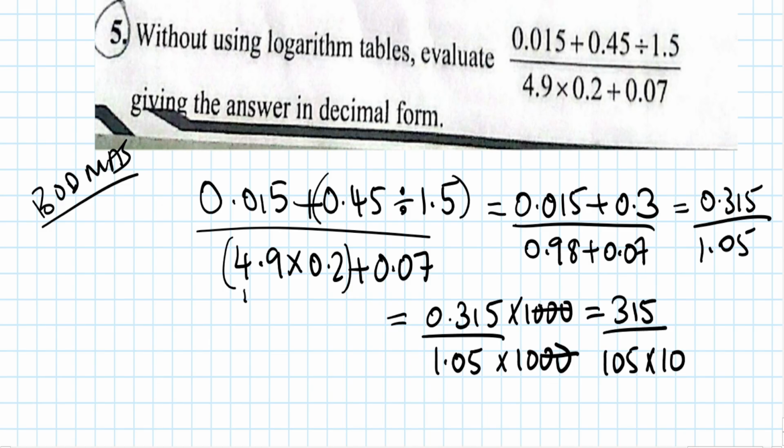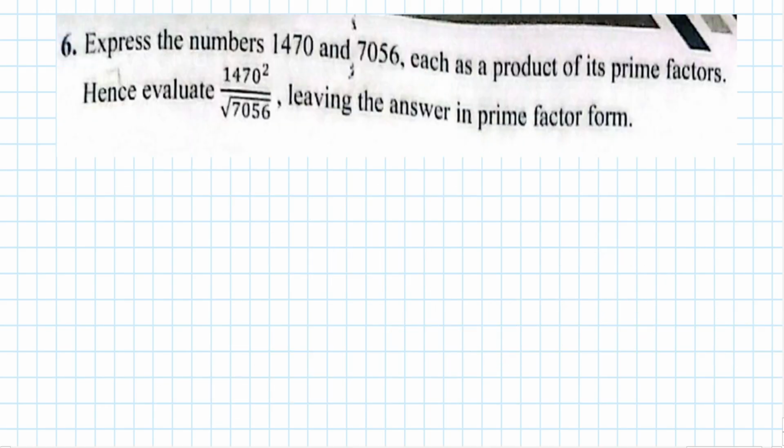Okay, now 105 goes into 315 how many times? I think it goes into 315 3 times, if I'm not wrong. Yeah, 105 goes into 315 3 times, so you're going to have 3 over 10. And how do you write 3 over 10? It's written as 0.3, and that is your answer.